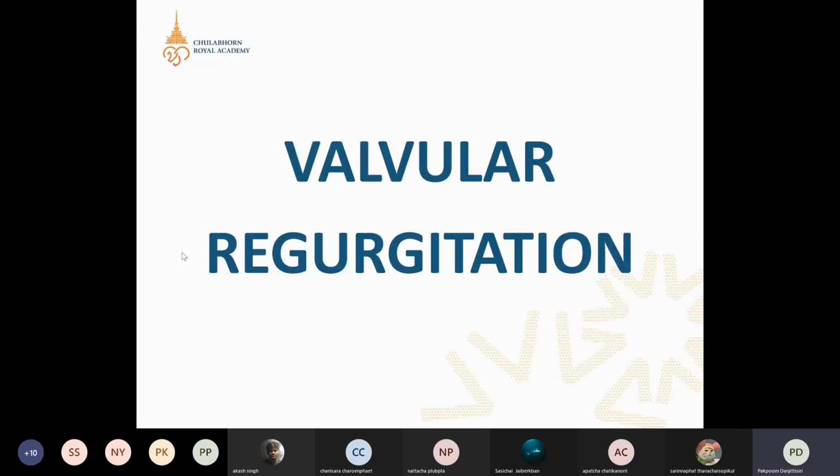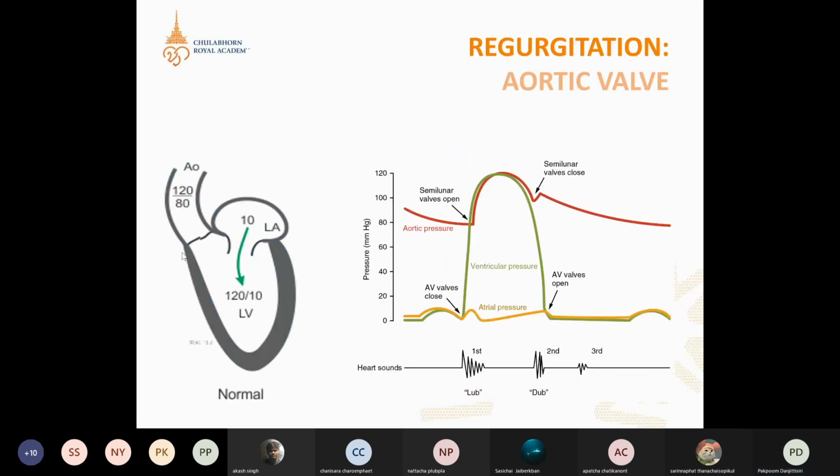Okay, next let's talk about valvular regurgitation. Again, for the regurgitation valve, you have to focus on the preceding chamber and the following chamber of the valve you are focusing on.